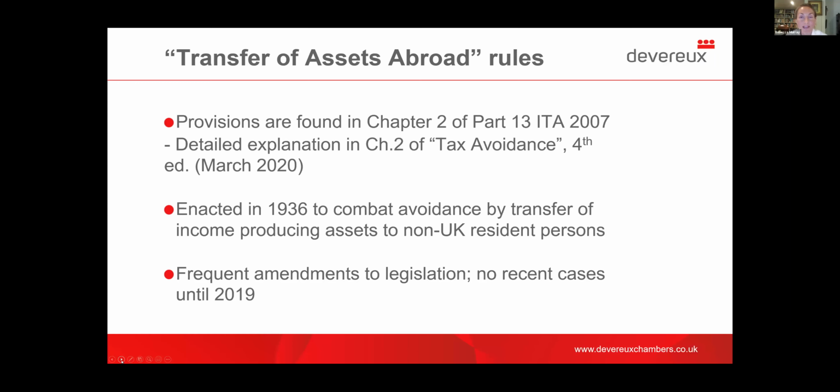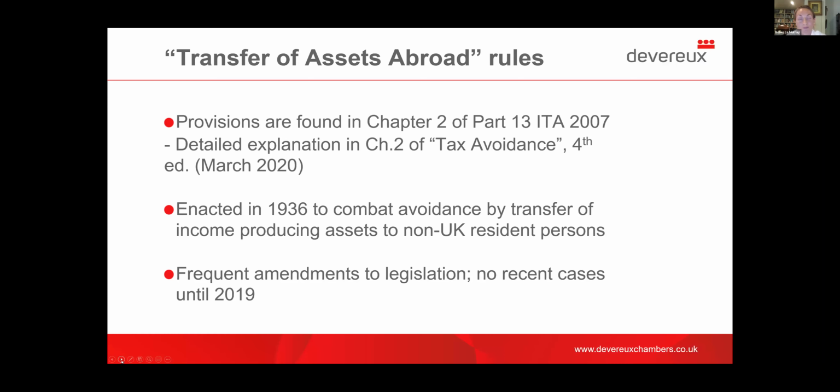So for example, the case of Litilla, which was heard in the House of Lords in 1941, where the taxpayer was a UK resident individual, had transferred an interest in a partnership to an offshore company, a Rhodesian company, in 1932 in return for debentures.